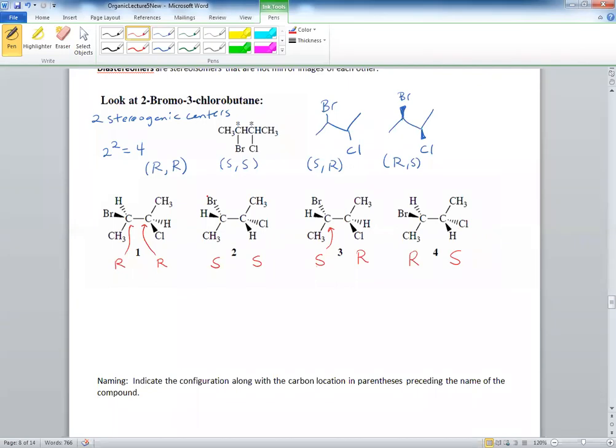So how do they compare to each other? What is the relationship between them? Well, RR, SS, they switch completely. So these are enantiomers, or a pair of enantiomers.